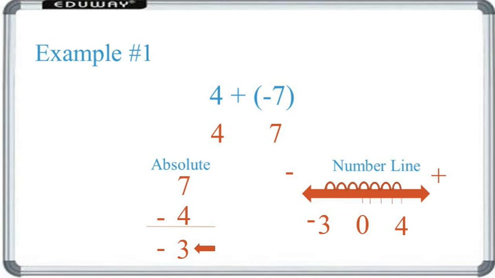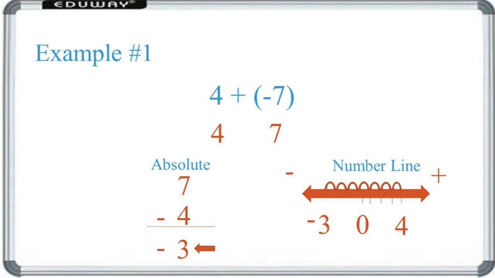I'm going to assume you know what absolute value is at this point, so I'm going to move kind of quickly with it. The absolute value of 4 is 4. I'm going to write it underneath just for clarification, and the absolute value of -7 is 7. So I'm going to subtract these two numbers, 7 and 4, and I'm going to get 3.